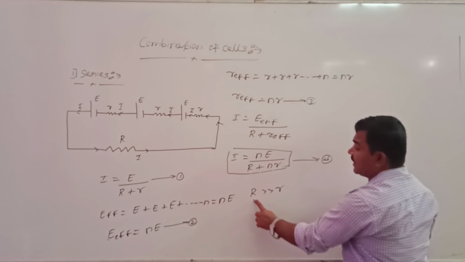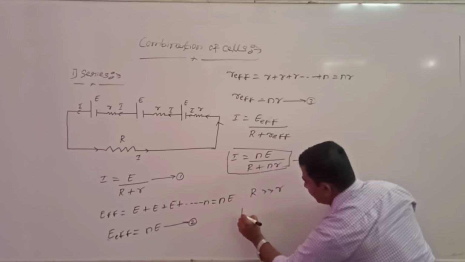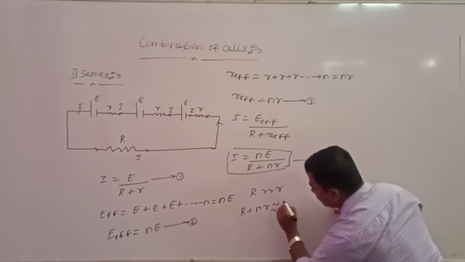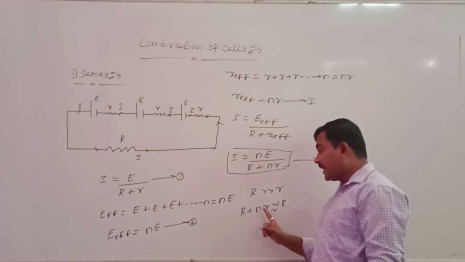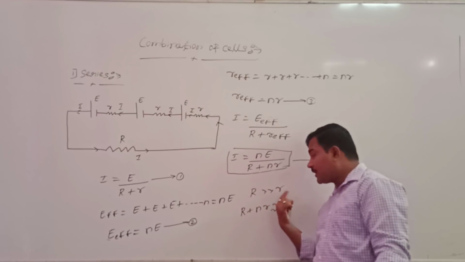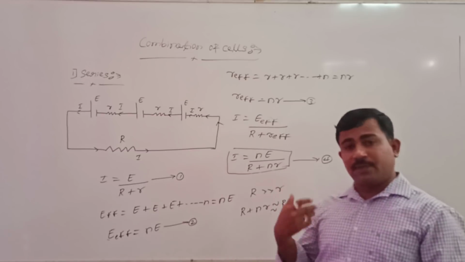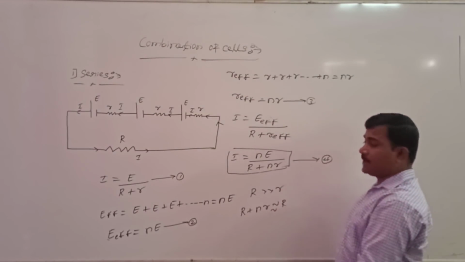If capital R is very great, then R plus n into small r is nearly equal to capital R, because small r is neglected as compared to capital R. Internal resistance is very small as compared to external resistance.